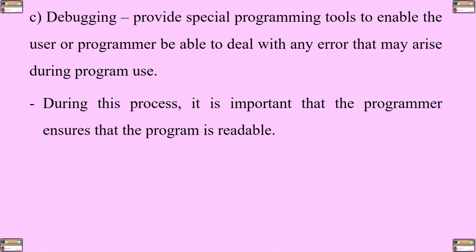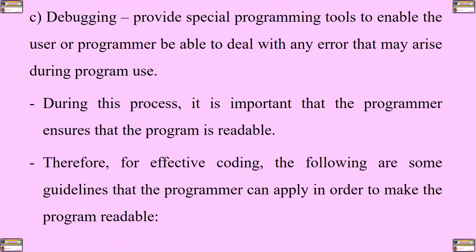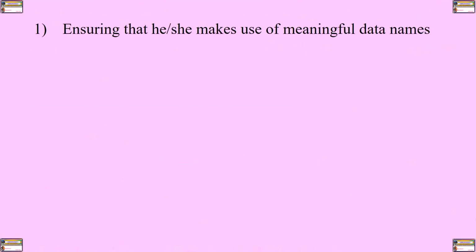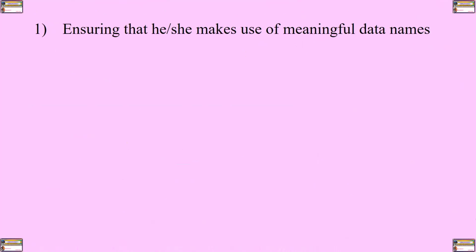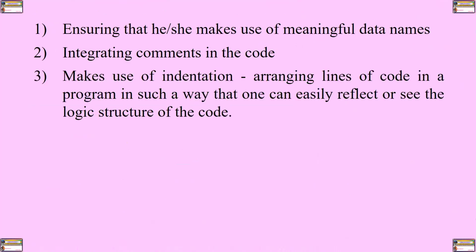During this process, it is important that the programmer ensure that the program is readable. Therefore, for effective coding, the following are some guidelines that the programmer can apply in order to make the program readable. Number 1 is ensuring that he or she makes use of meaningful data names. Number 2 is integrating comments in the code.